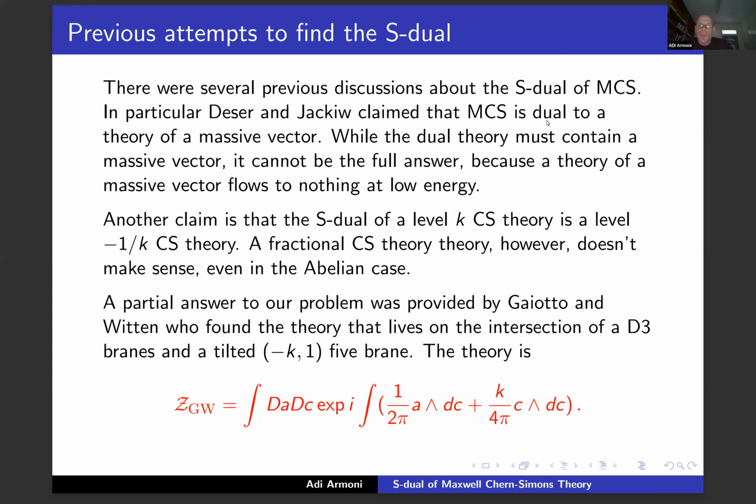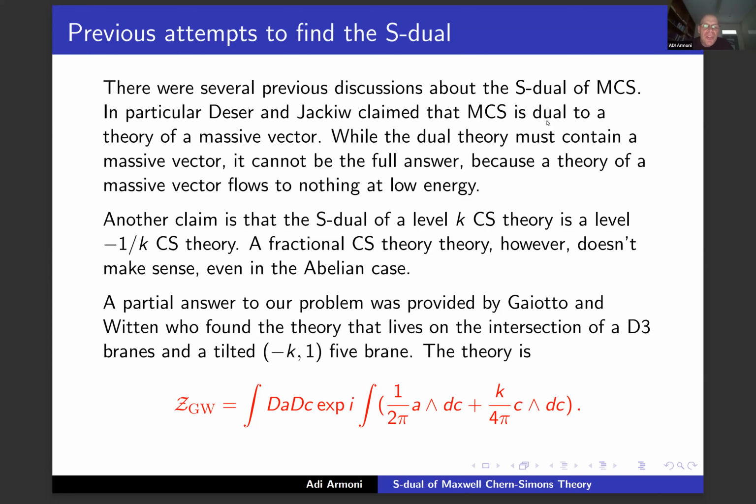Now, another thing which exists in the literature and is misleading concerns the Chern-Simons piece. There is the claim in some papers that the S-dual of a level K Chern-Simons theory is a level -1/K Chern-Simons theory. On the one hand, it's appealing, perhaps because of the branes. Once you have a (1,K) brane and you replace it by (-K,1), you are tempted to think that something happens to the level K Chern-Simons theory.